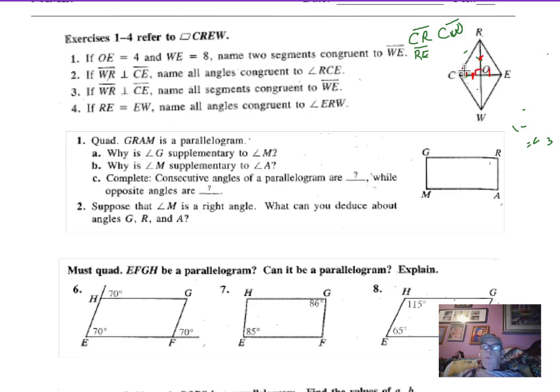So this makes a pair of, if we do side angle side, well, yes, side angle side using the right angle as the angle. This triangle COR is congruent to triangle EOR by side angle side.